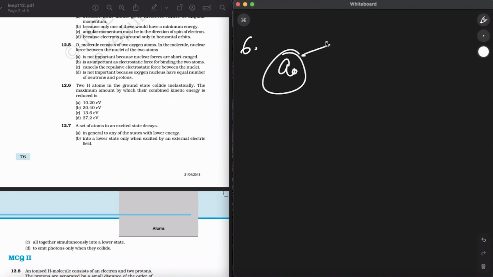A naught is the radius when an electron is moving in the ground state. So what is the energy in this state?